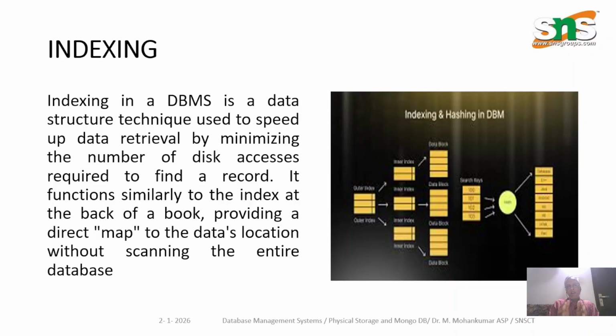It retrieves the data by minimizing the number of disk accesses to find the record. Physically, we maintain a serial number, particulars and page number. With the help of that page number, we reach the particular document very easily in a physical file.